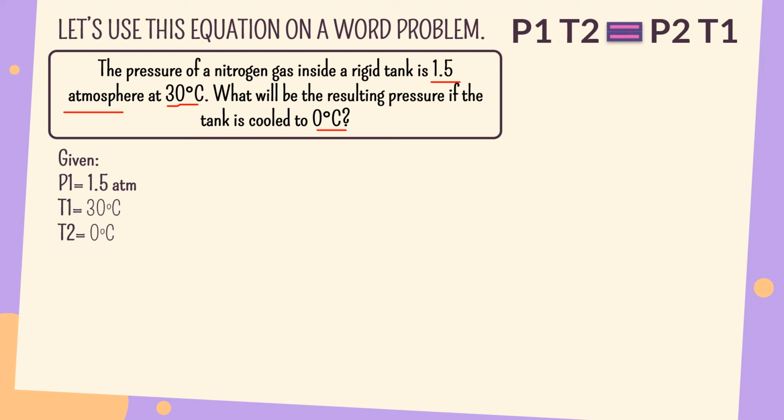Now remember that if a temperature is involved with a gas, we always need to use the Kelvin scale instead of the Celsius scale. It is because the Kelvin scale has what we call absolute zero, the state of a gas wherein there is no energy left in the gas molecules.